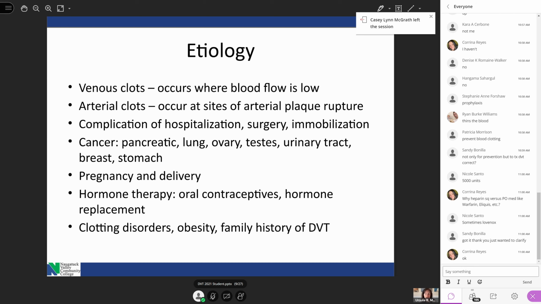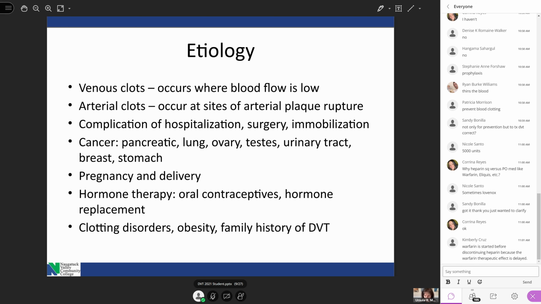Anyway, okay. So immobility, DVT prophylaxis. I'm going to get to that, Kim, okay? Cancer. Patients who have certain types of cancer are also at risk for DVT.